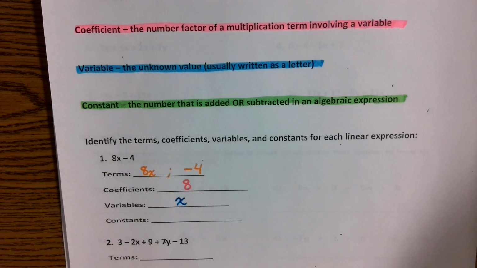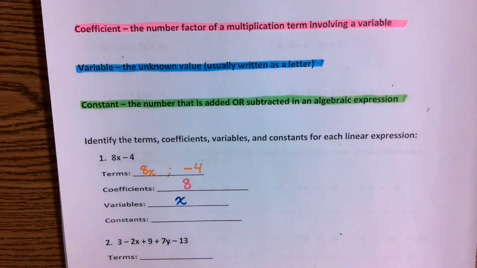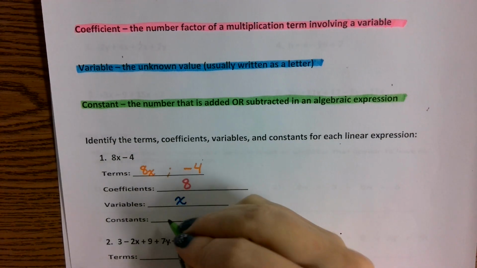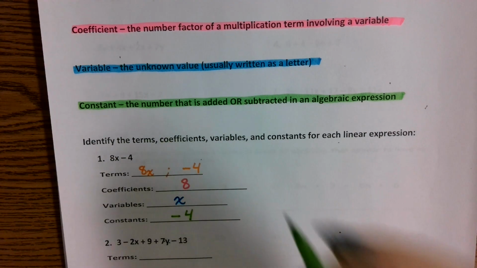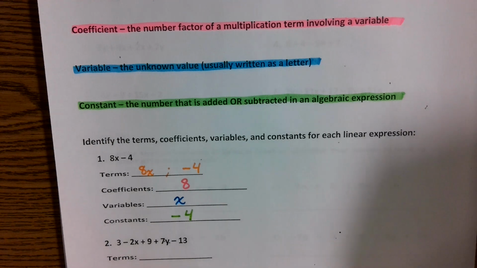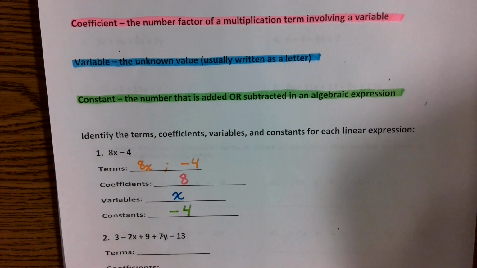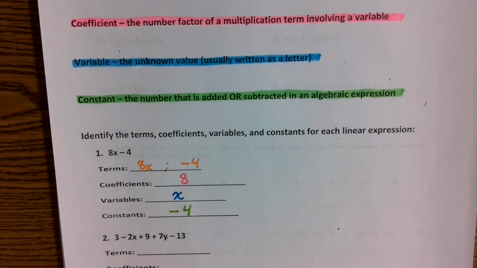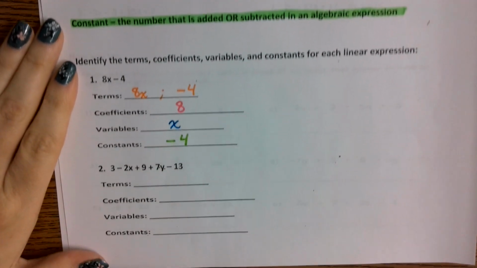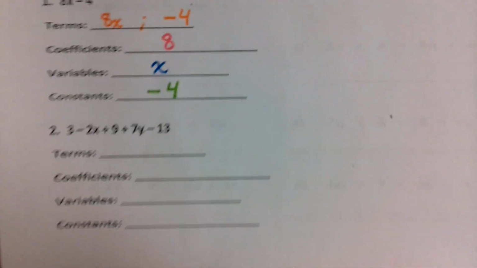And then the constant that I have is the minus 4, or the negative 4. Again, you must include the operation that is in front of it. I want you guys to go ahead and do problem number 2 on your own.